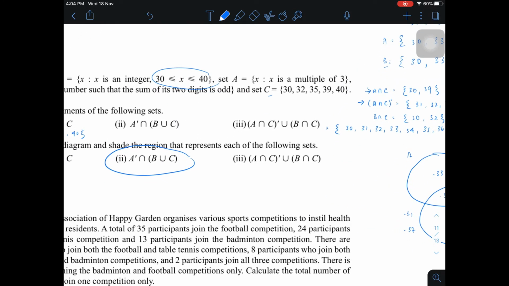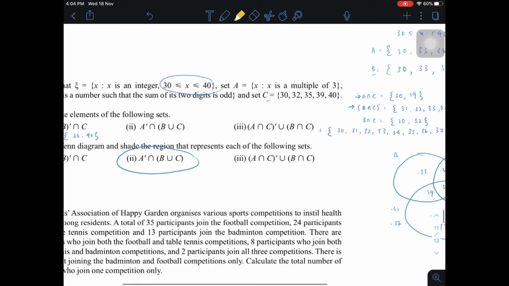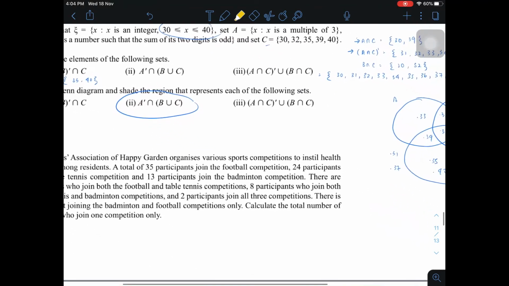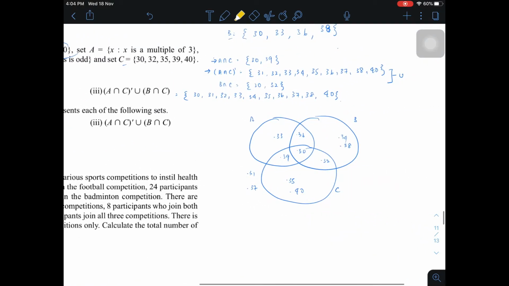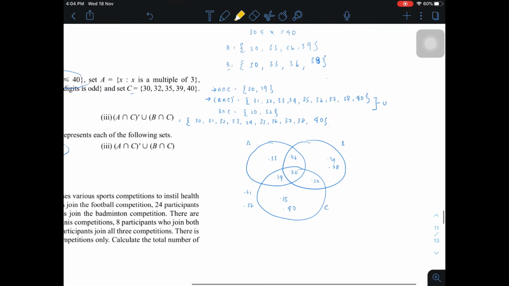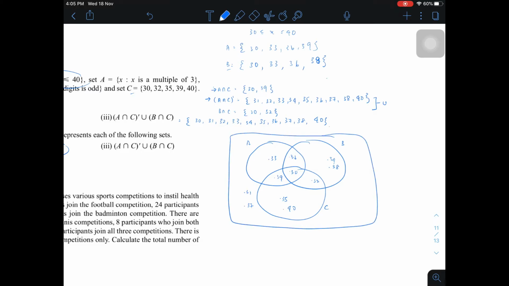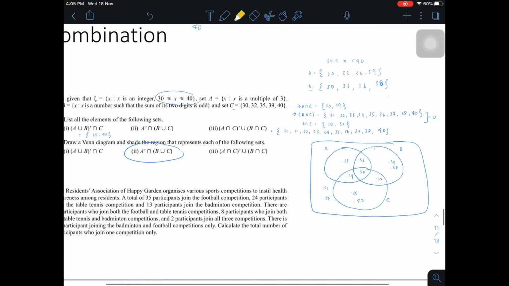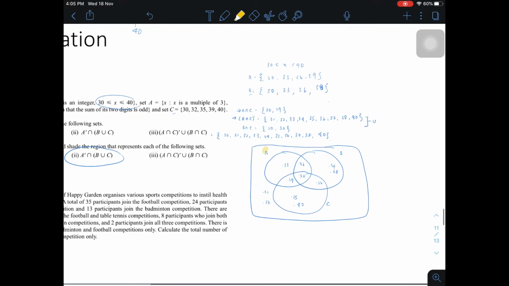So what is A prime? So I want anything except A. Hold on, let me draw. Okay, that means I want anything except A, because A prime means everything except A, which would be here. Remember that.